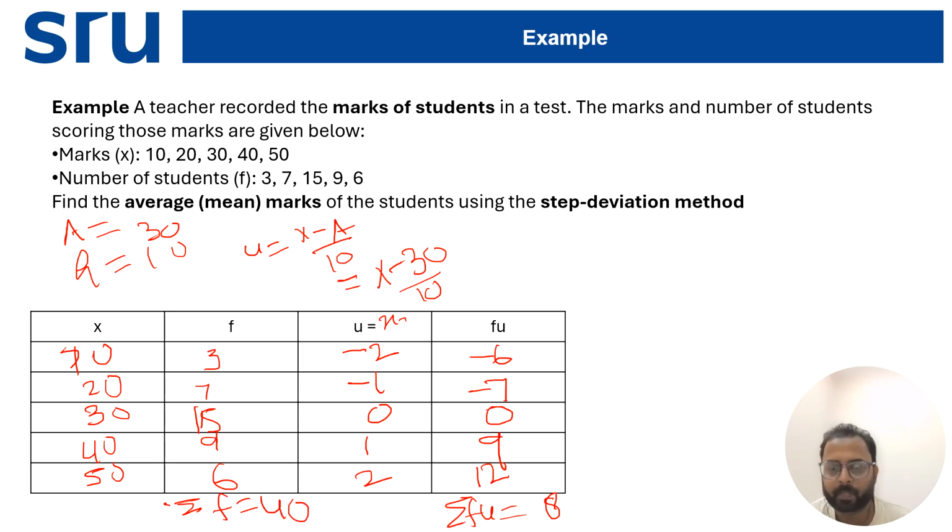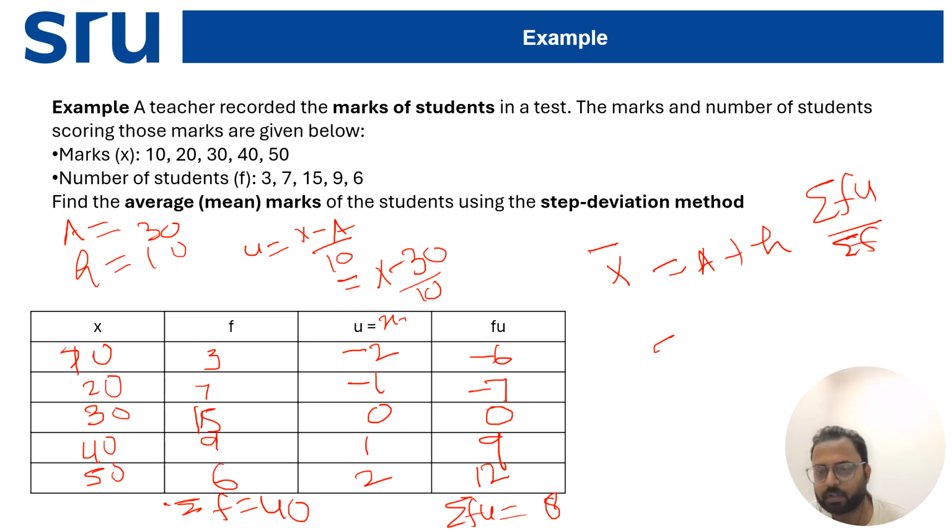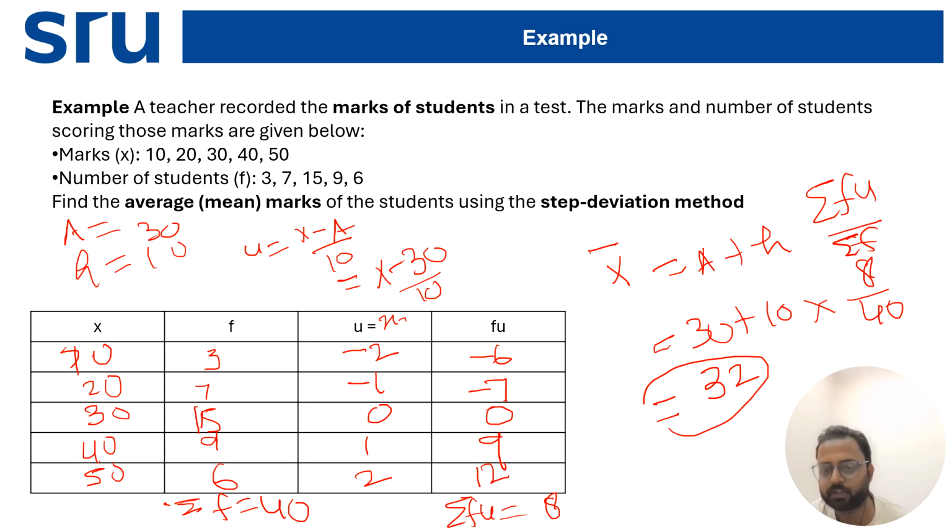So the formula for this method: x bar is equal to a plus h times sum of fu divided by sum of f. a is 30, h is 10, and 10 into sum of all f into u, 8, divided by 40. By simplifying, we get 32. So 32 is the mean of the given data.